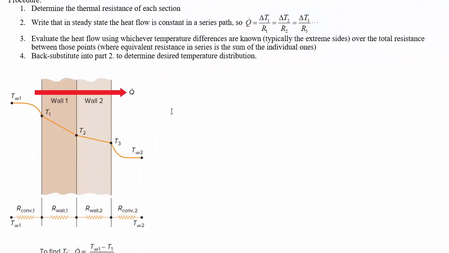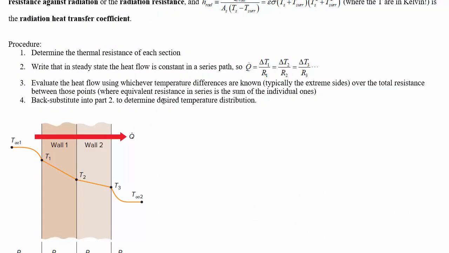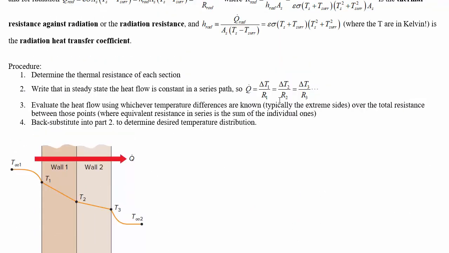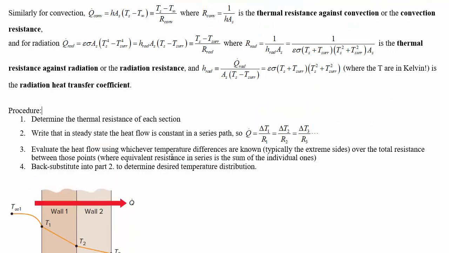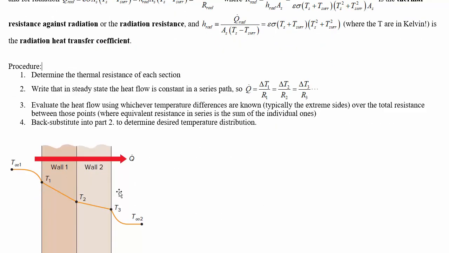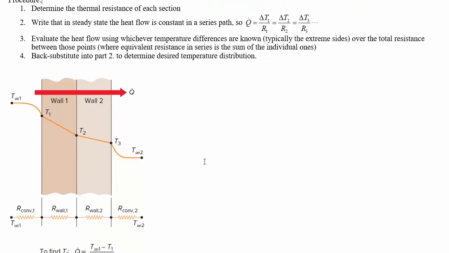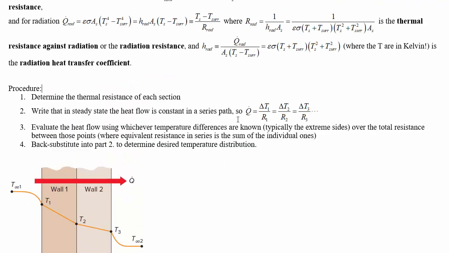Now, once you've got these resistances, you can use this information to figure out what the temperature profile or temperature distribution, or maybe the total rate of heat flow would be if you know the extreme temperatures for some section like this in order to design insulating systems.